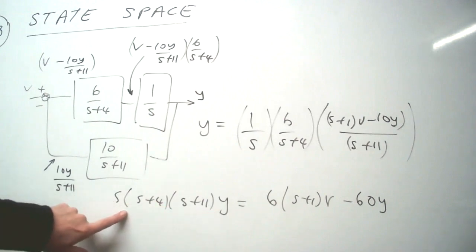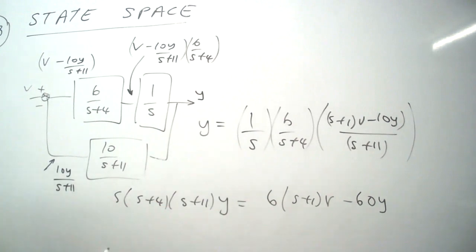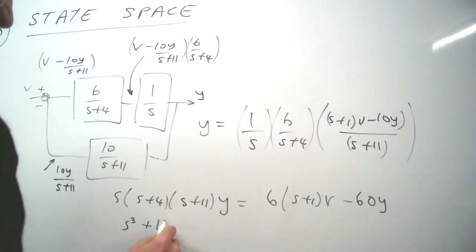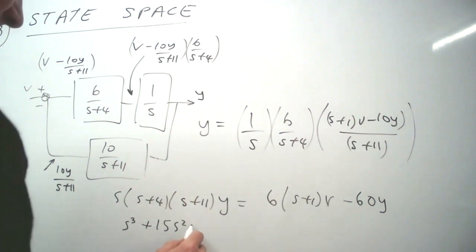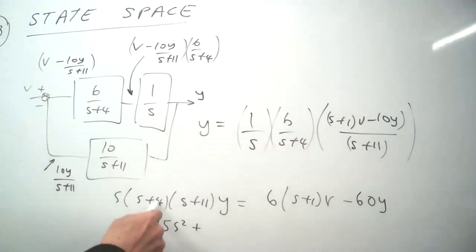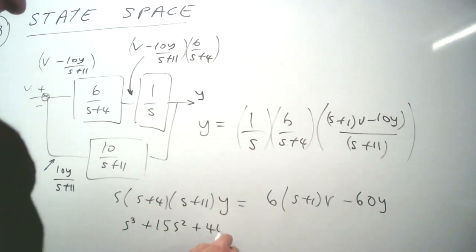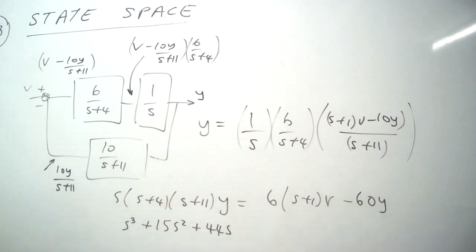Now I've got to multiply this bit out, so it's a bit more tricky. It's going to come out as s cubed. Then we're going to have a 4 and 11, so 4 and 11 is 15. It's going to give me 15s squared. And then 4 11s are 44, plus 44s.